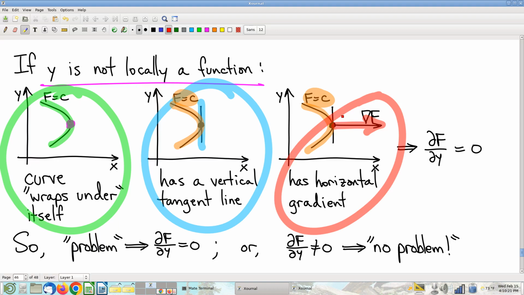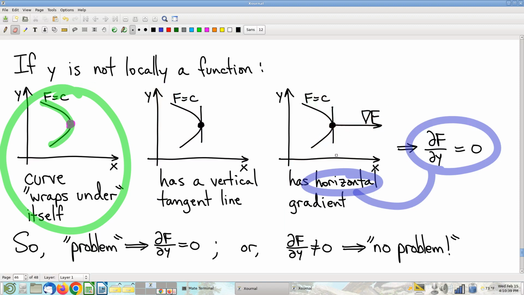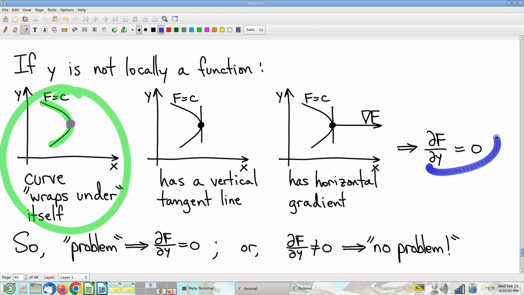Well, of course, if the gradient is horizontal, if you think about it, what does horizontal mean? I'm running out of colors, apparently. Horizontal means that the second component of the vector is 0. Well, the second component of the gradient is the y partial of f. Okay. So all together then, let's streamline this.